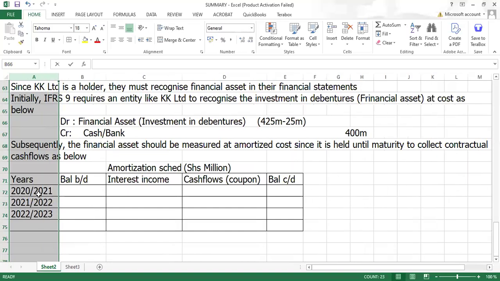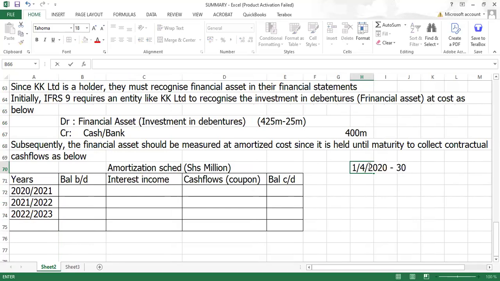Or you put the period like from 1st April 2020 to 31st March 2021, like that. Then here you put 1st April 2021 to 31st March 2022, up to 31st March 2023. But even this format can work.